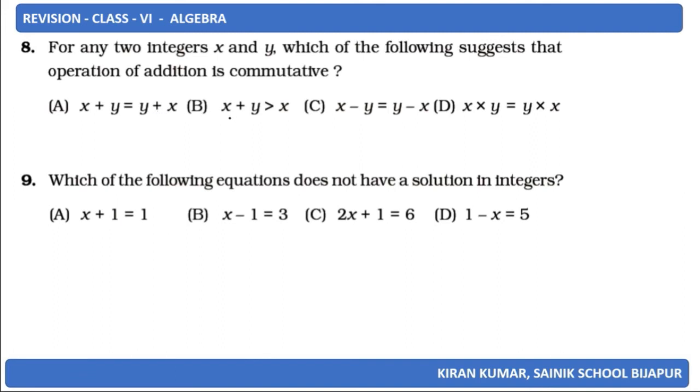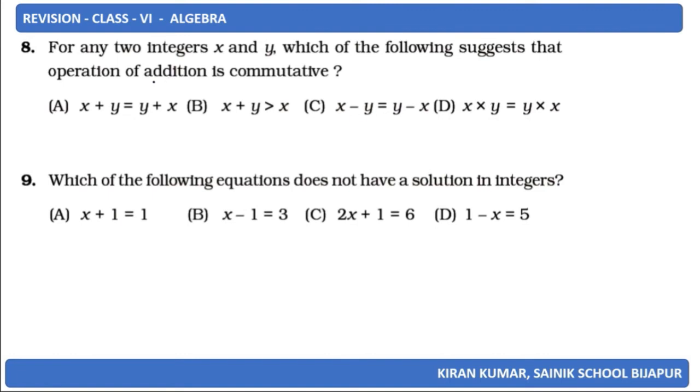Second one is x plus y greater than x. Then x minus y equal to y minus x. Then x into y is equal to y into x.